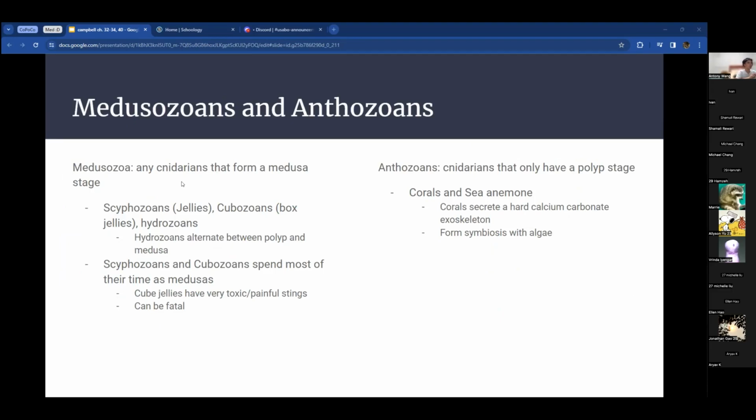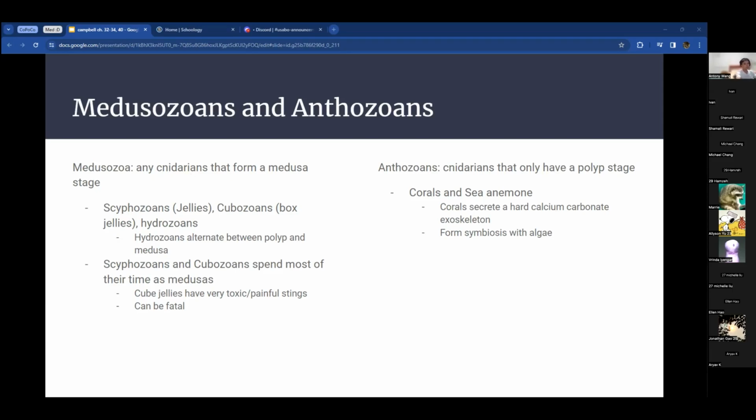You should know that cubozoans, also known as box jellies or cube jellies, are very toxic and painful. They can kill you. Anthozoans, on the other hand, are cnidarians that only have a polyp stage. These are animals like coral and sea anemone.